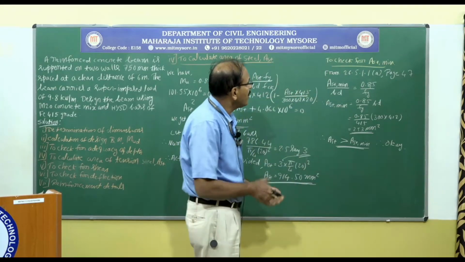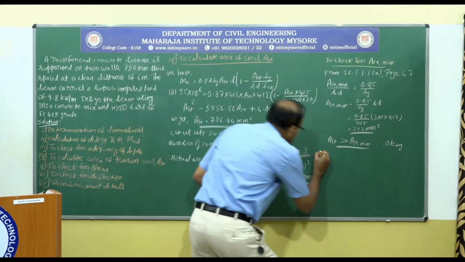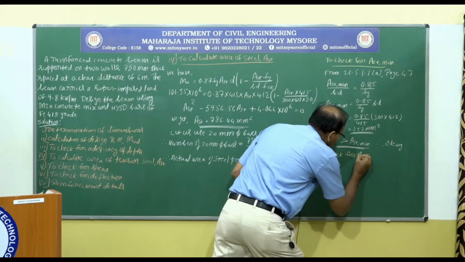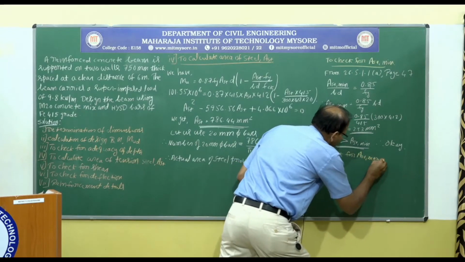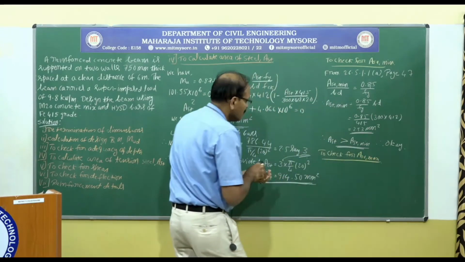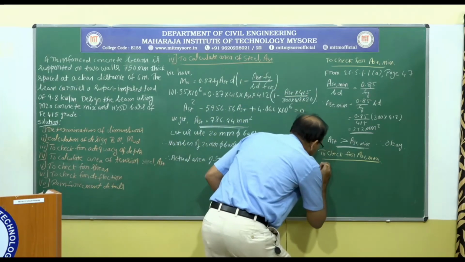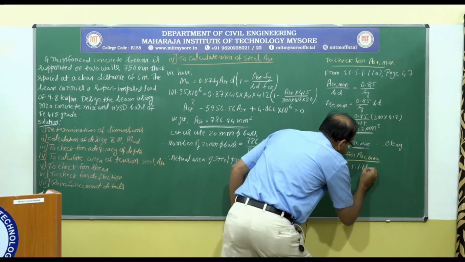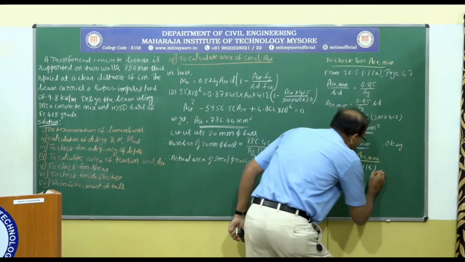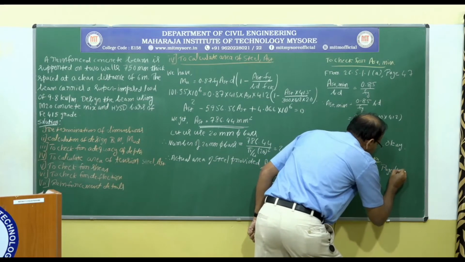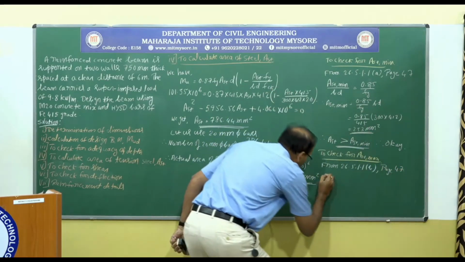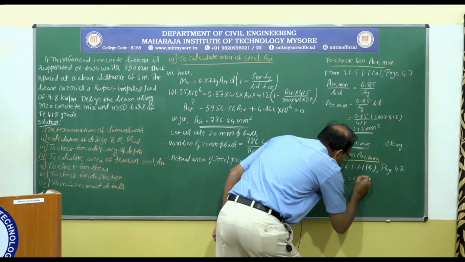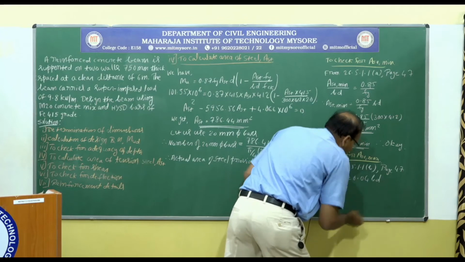Similarly, we have to check for Ast maximum. Again, from 26.5.1.1b on page 47, Ast maximum equal to 0.04 bD.